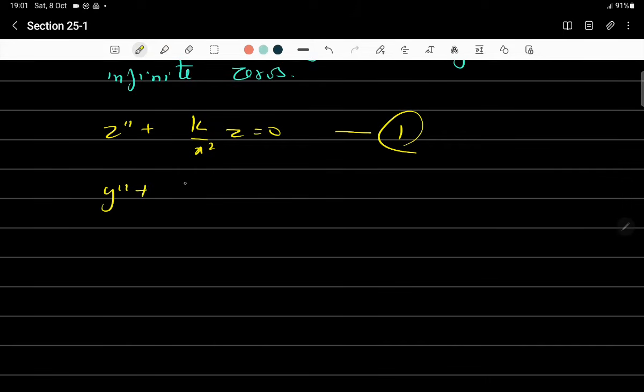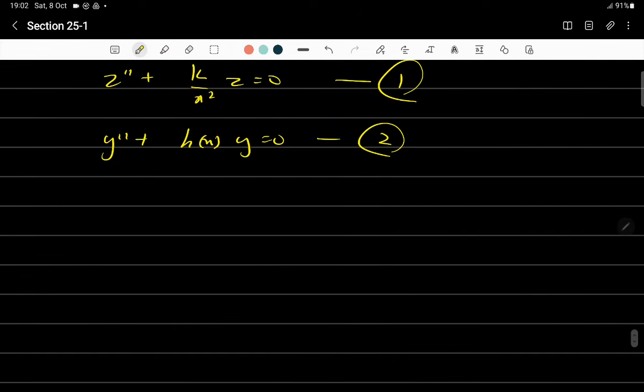So equation 2 is y'' + h(x)y = 0. Now we can only use the Sturm comparison theorem if q(x) is greater than r(x), where q(x) belongs to equation 1.